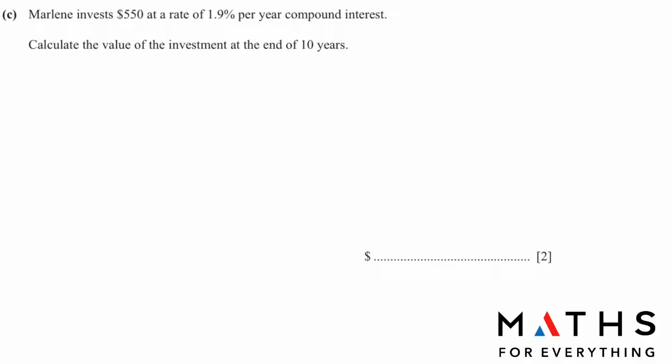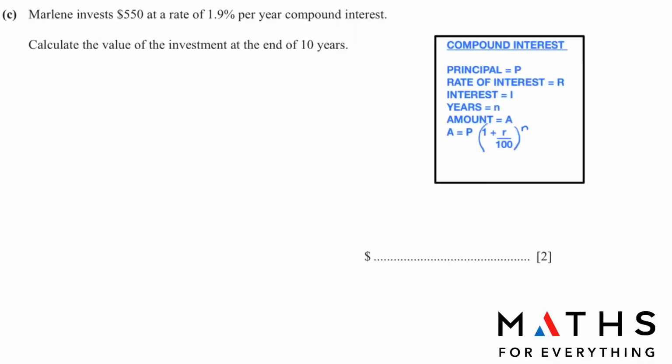Part C. Marlene invests $550 at a rate of 1.9% per year compound interest. Calculate the value of the investment at the end of 10 years. For this, we are going to use the compound interest formula, which is A is equal to P bracket 1 plus R over 100 to the power N, where A is the amount, P is your principal, which is 550. Rate of interest is R, 1.9, and the number of years is 10.